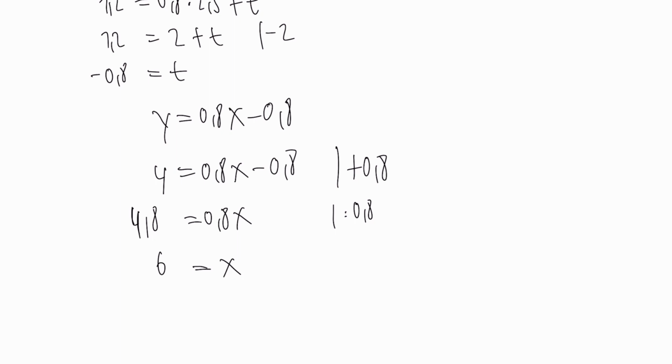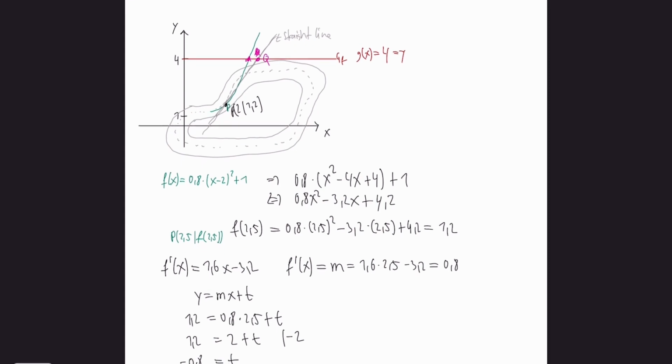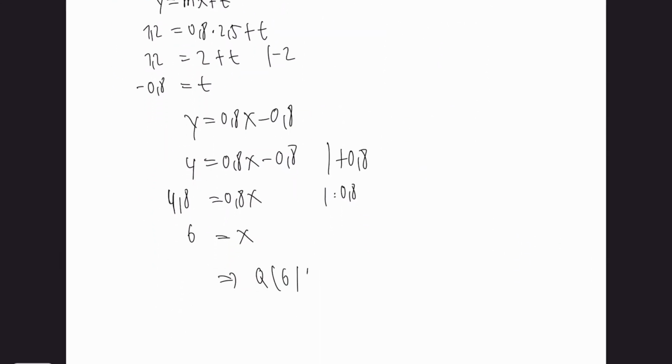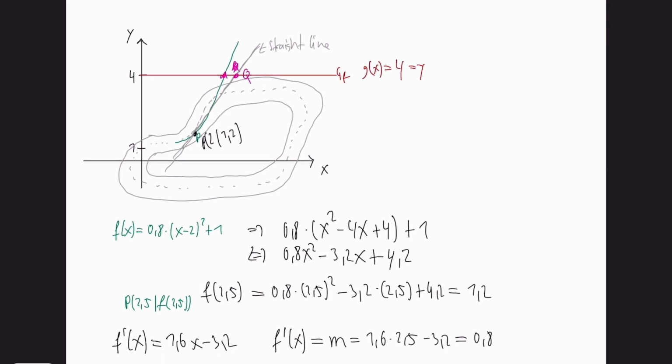This is also 6, and then you put the comma in between. So x equals 6, and we know the linear function is at 4, only at 4, so y equals 4. The point Q has the y coordinate 4.